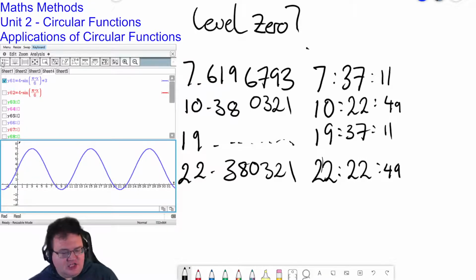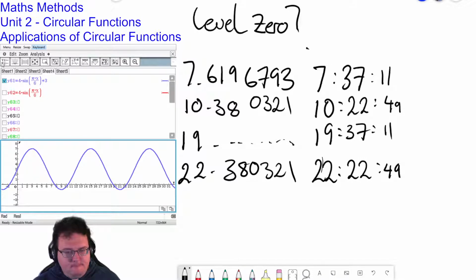If I was asking you a question like this on a SAC, I might ask you something like, if the boats can only be loaded onto when the water level is 5 meters or above, what times would that be possible during a day?